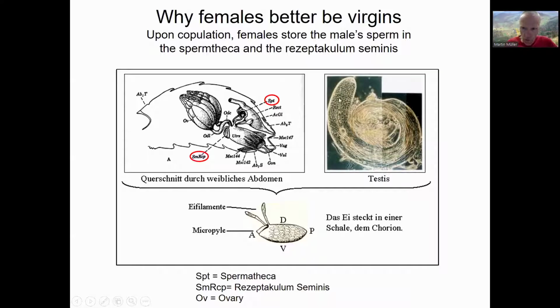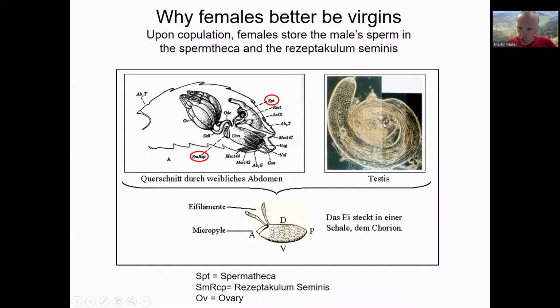So over here you have the testis, and you can see up here are the stem cells for the production of the sperm, and when we walk down this tube, the sperm become more and more mature, and they have the long sperm tails.